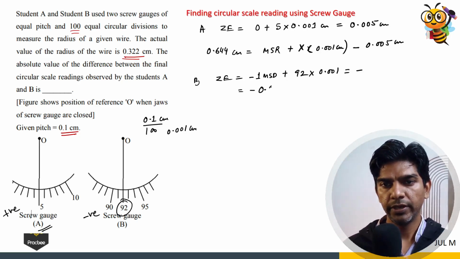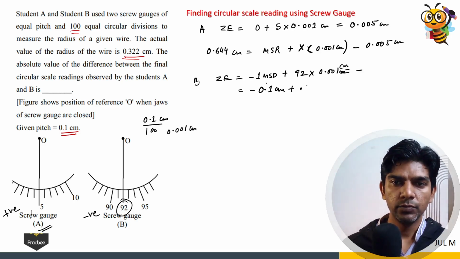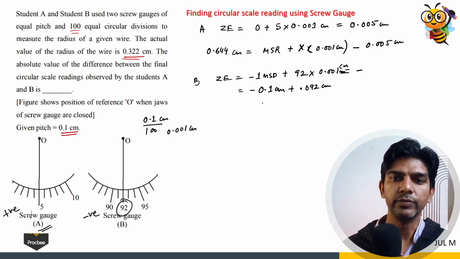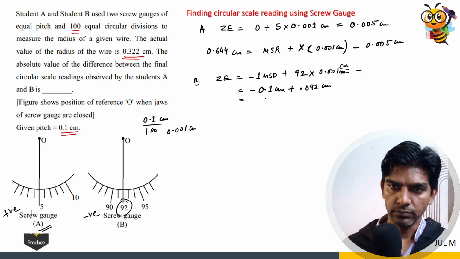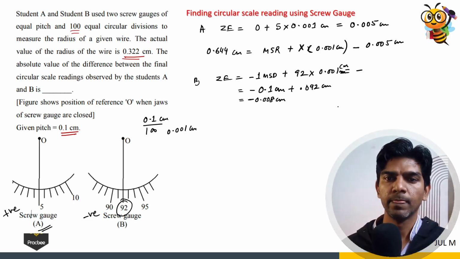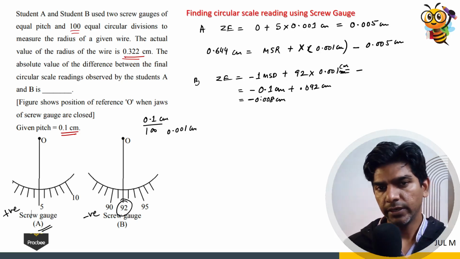So minus 0.1 centimeter plus 0.092 centimeter, sorry, this is in centimeter only. So that comes out to be 0.008 centimeter with a negative sign. Okay, so that is the zero error in the second case.